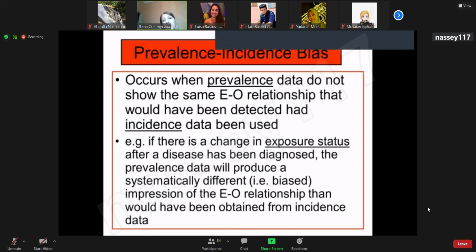In most cases, this problem is typical for case-control studies or cross-sectional studies. That is why we must be careful when we estimate risk in these study designs. So prevalence and incidence biases are also important to prevent.